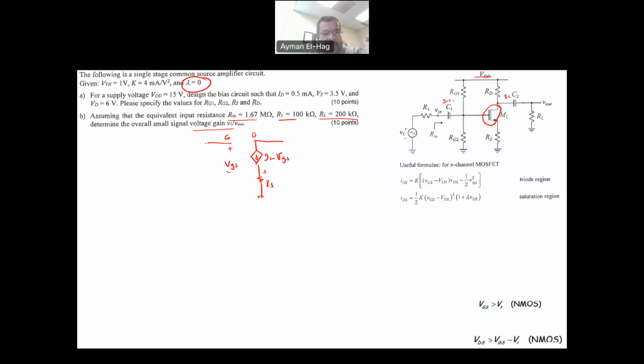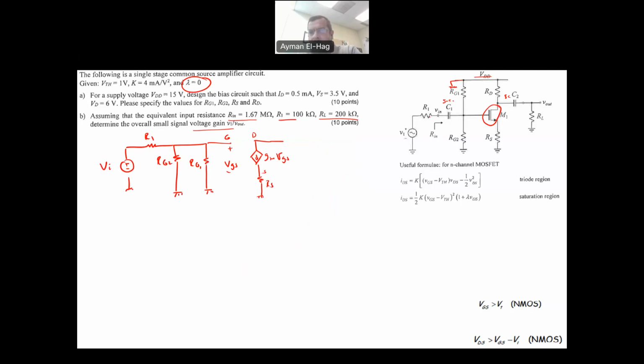Then we will have these two resistors in parallel, RG1 and RG2, because I short circuit the supply. These two are basically in parallel, then I will have here R1, and I will have here the supply, which is Vn.